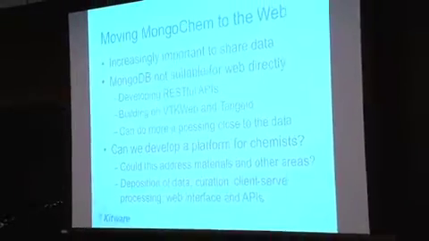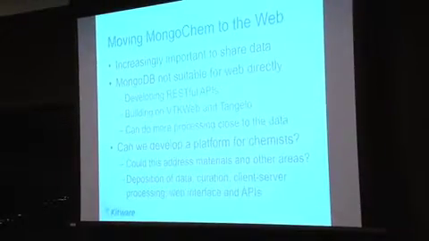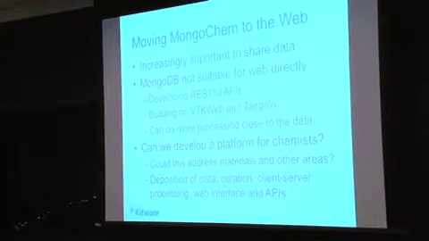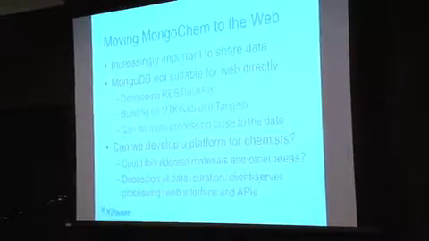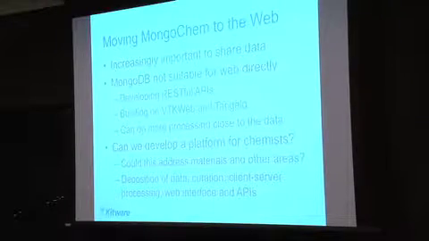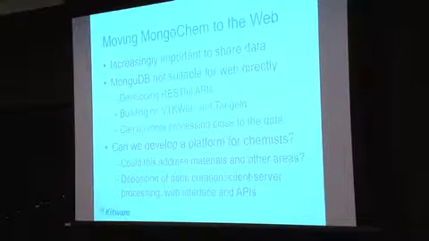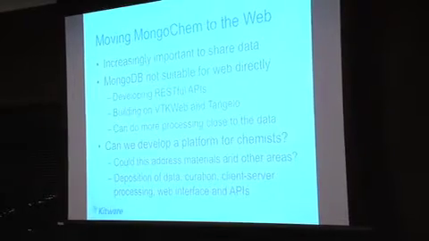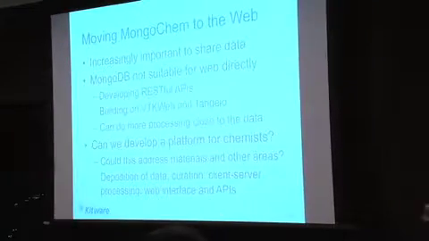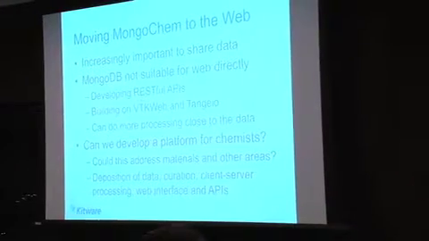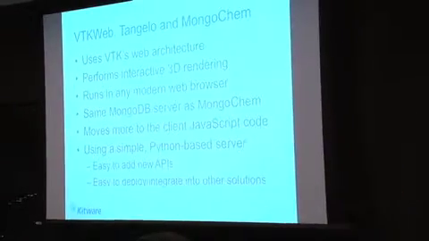Again, moving MongoChem to the web, it was a desktop application, still is, but there's a lighter weight client, and it builds on this same set of frameworks. So instead of me having to do all this work from scratch and take months or years, I was able to just pull this in. We were already using MongoDB, but we can add the RESTful APIs using these Python files. We can use VTK Web and Tangelo, and then we can do a lot of processing right next to the data and then just send it to the web client.